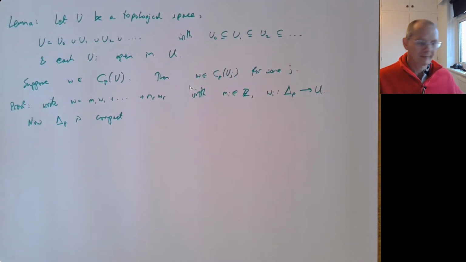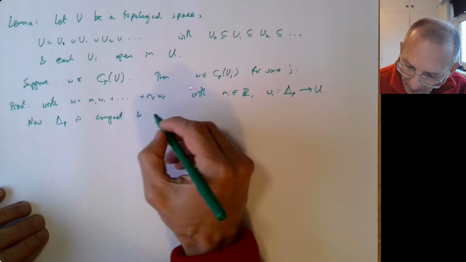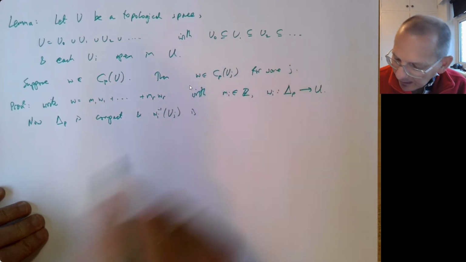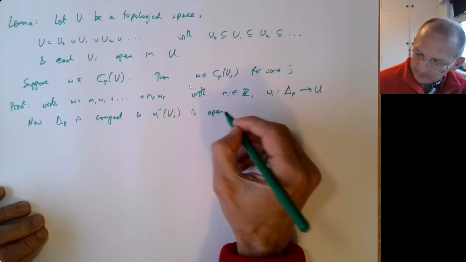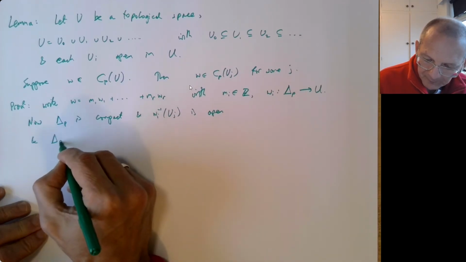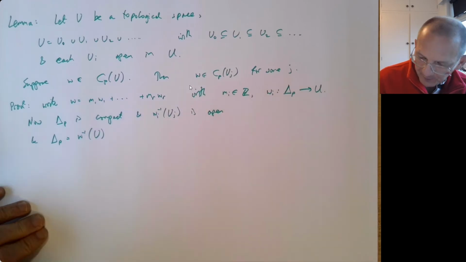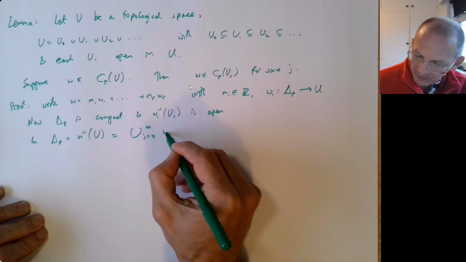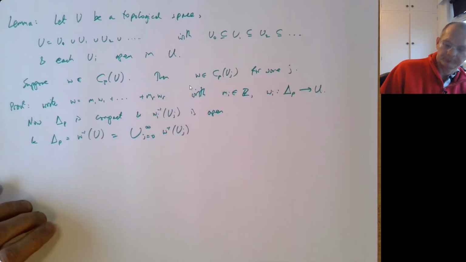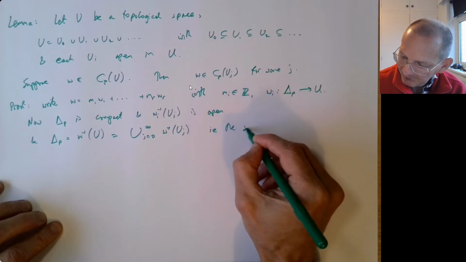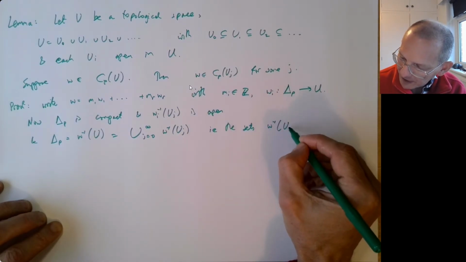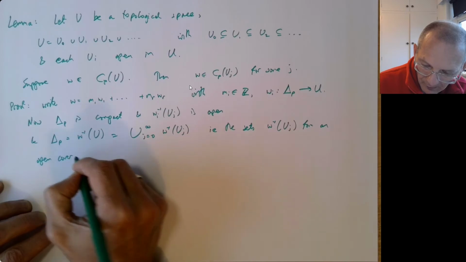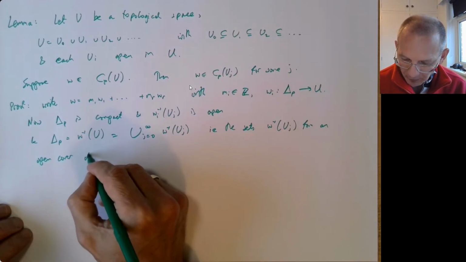It's a bounded closed subset of R^(p+1), and W_i inverse of U_j is open. And the preimage of the whole space has got to be delta p. So that's the union from j equals 0 to infinity of W_i inverse of U_j. So the sets W_i inverse U_j form an open cover of delta p.